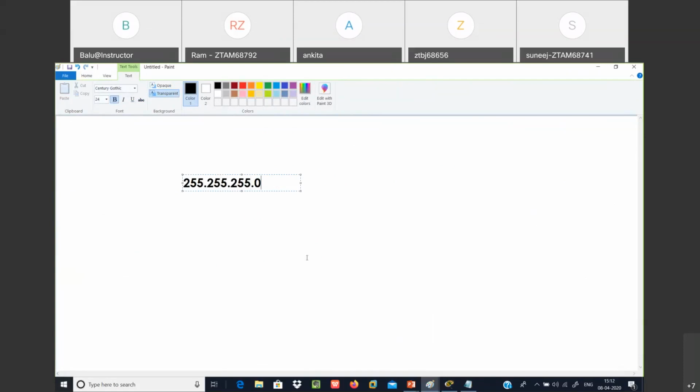We convert it into binary: 1, 2, 3, 4, 5, 6, 7, 8, dot, 1, 2, 3, 4, 5, 6, 7, 8, dot, 1, 2, 3, 4, 5, 6, 7, 8, dot, 1, 2, 3, 4, 5, 6, 7, 8.